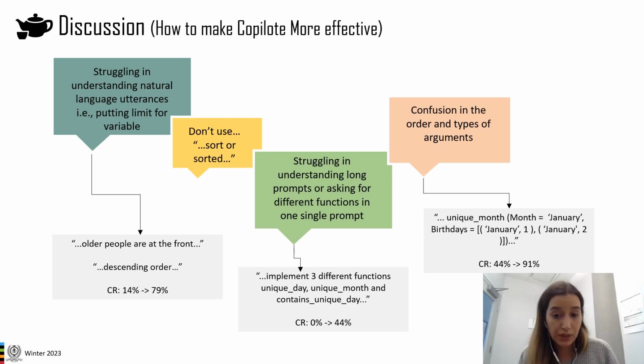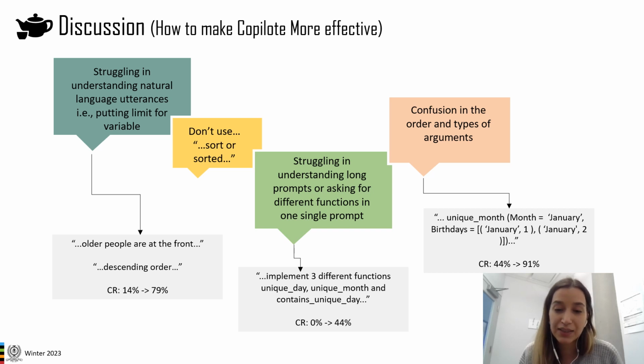We did it in one of our assignments: we added an example of the type of input we were going to give the function to the prompt, and it increased the correct ratio from 44% to 91%. Those are tips that could be great to keep in mind when you are working with Copilot.